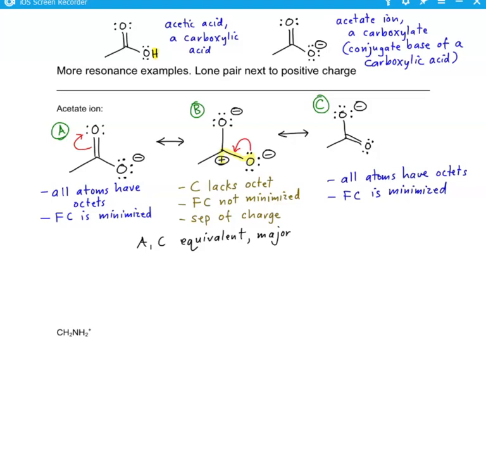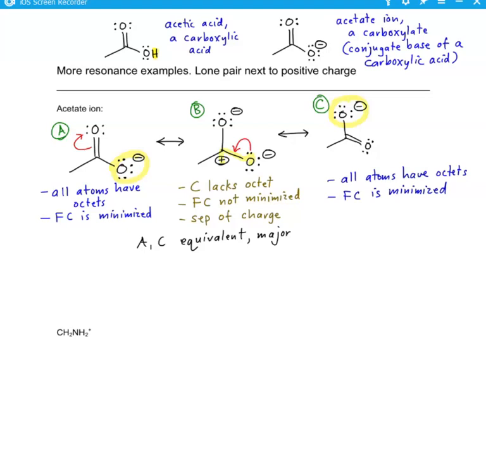Now, this idea of equivalent contributors, again, you might think, well, they look like the same thing. If I just flipped one of them over, it's going to be the identical thing. Now, that's true. They have identical energies because of their internal features, but they're not the same structure. In structure A, the negative charge is borne by this oxygen. In structure C, it's borne by the other oxygen.